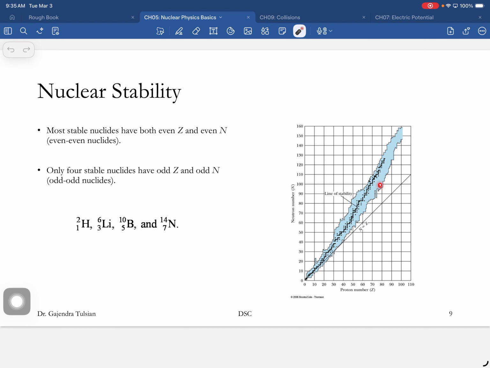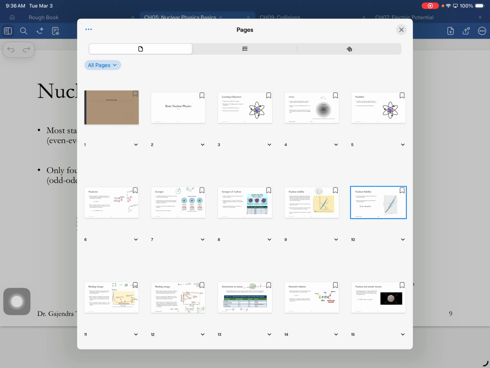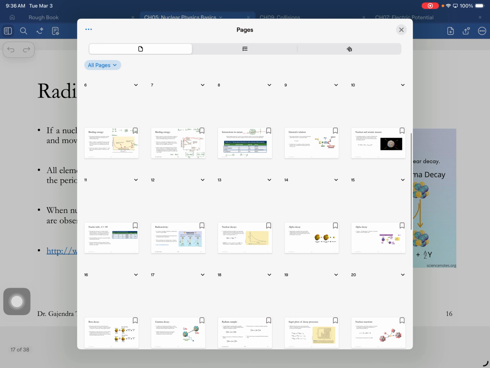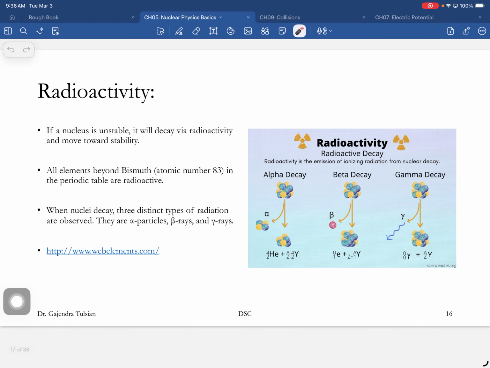And a nucleus can decay one of three ways. And when it decays, it's going towards stability is what it's trying to do. Okay, so here we go. Here are three ways a nucleus can decay. So it can alpha decay. Here's a parent nucleus, and it can emit an alpha particle.